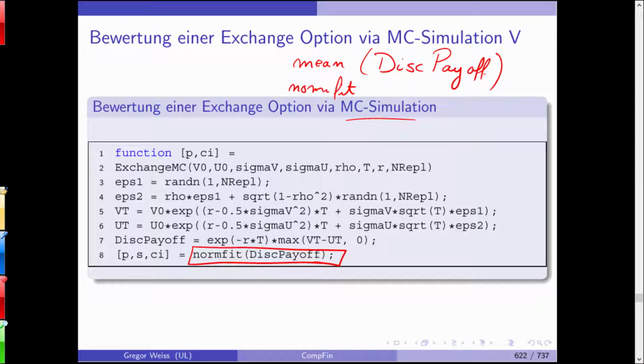But as you know, the first and most important parameter of the normal distribution is the mean. So if I do norm fit and apply it to the discounted payoffs, what I'm getting is the price, which is the mean. But I can also calculate a confidence interval around this price, and I can see how good my approximation is.